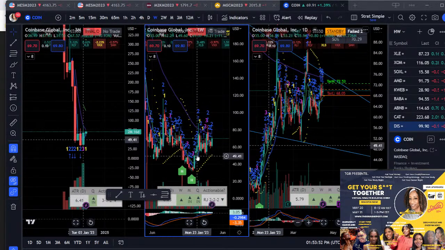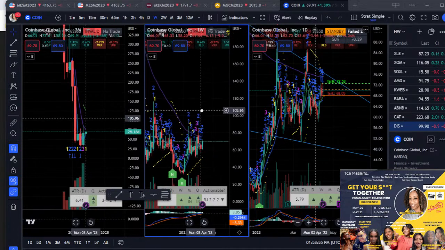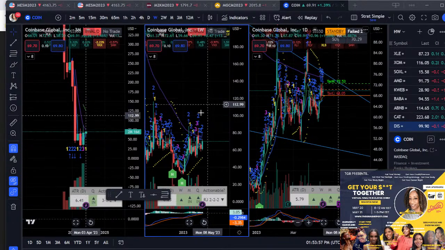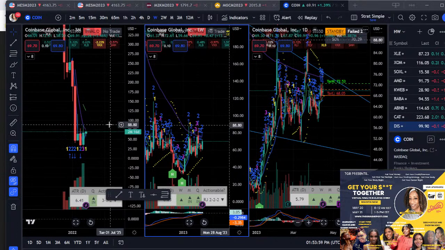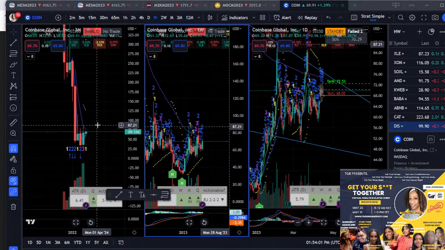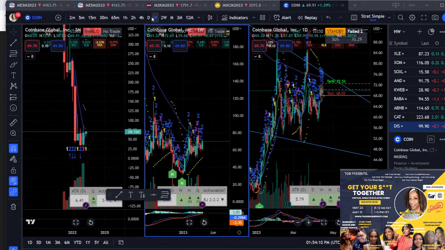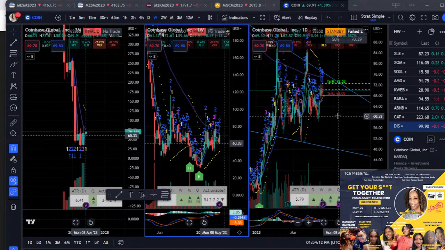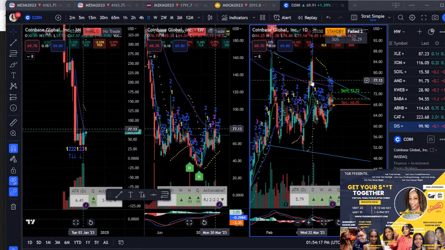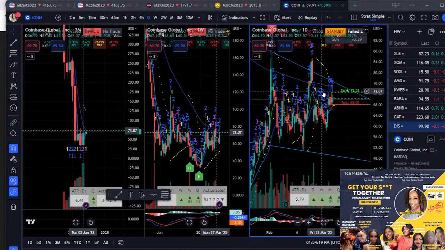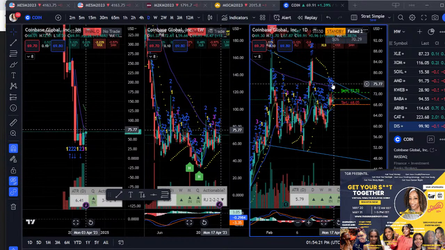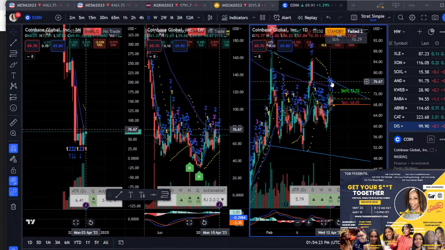But we got a nice inverted head and shoulders here on the week. So Coin possibly has a lot of room to the upside. So 87.21 would be a monthly break if you want to really swing this, and it really, really continues. And then it looks like it's this gap fill, which is going to be that first resistance, because that gap fill is probably going to coincide right with this resistance line and the 200.